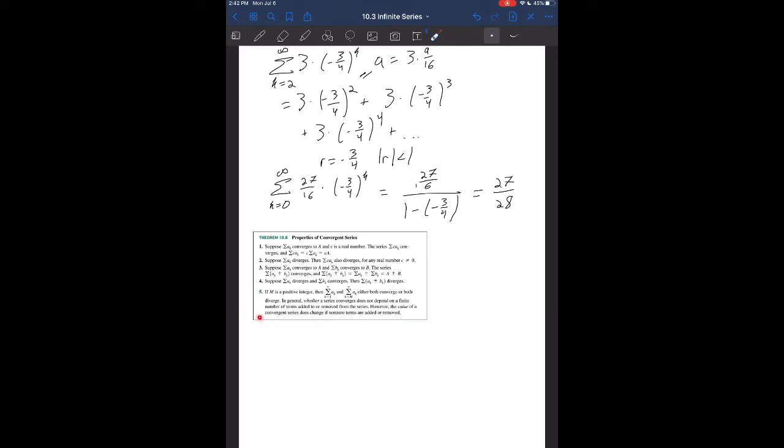Okay. And then the final one, which is a bit more technical and not one we will use really a ton in this class, but what it basically says is that if you know that some sequence converges, well, then you can actually start at any place you want along this sequence. So the example is we start at k equals 1 and say that it converges.